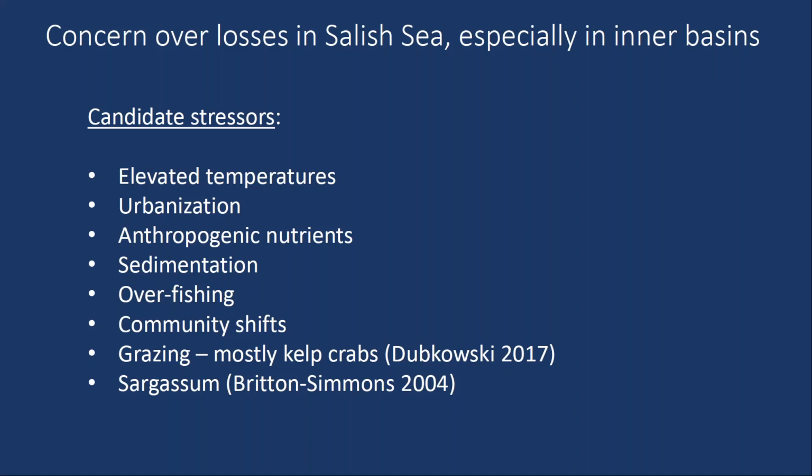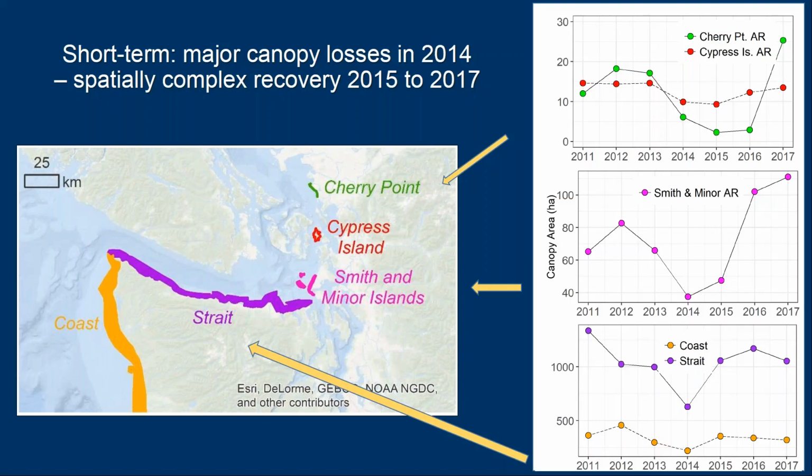So now I want to quickly change and talk about, with the next slide, recent trends, because we know in North Central California, you all experienced massive losses around 2014 during the extreme weather conditions. I've been very interested in this and talking to Cynthia and asking, well, what happened in Washington during that period?